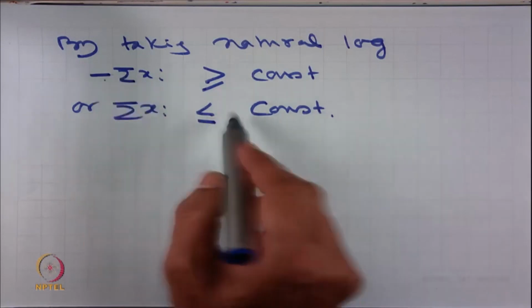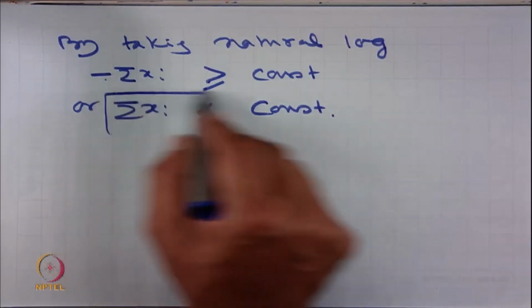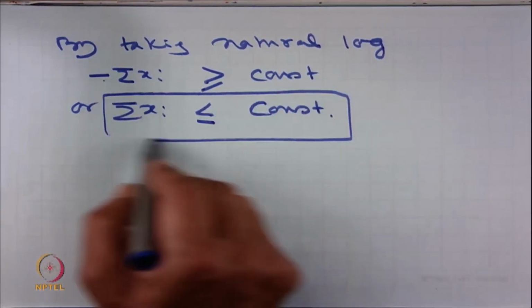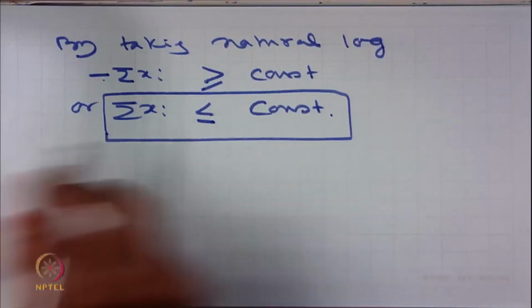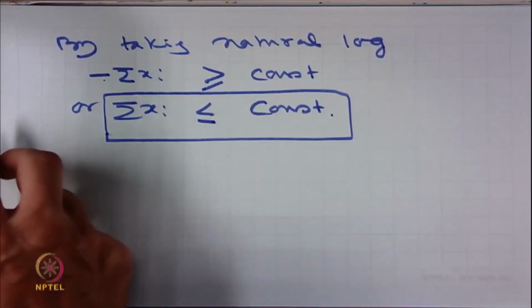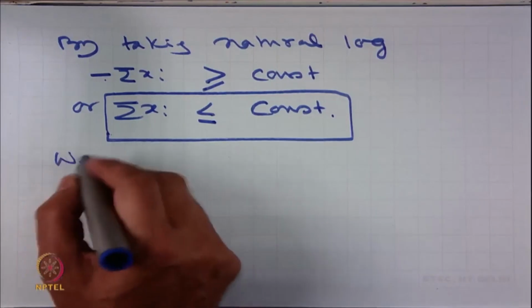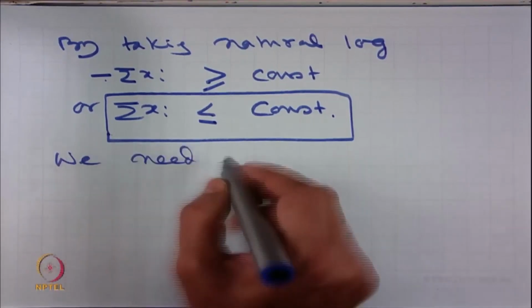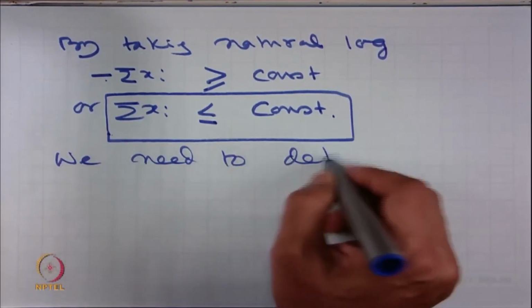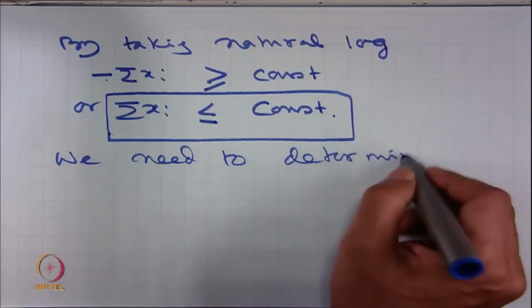Because this is negative, there is a change in the inequality. Now we need to determine the constant.